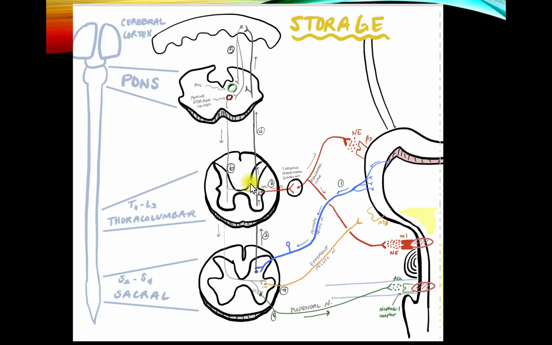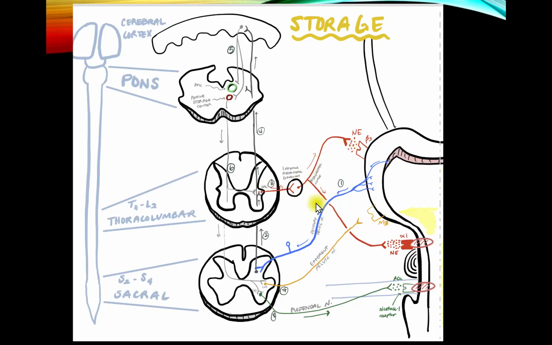And so what needs to happen here is that to avoid voiding, we need to stimulate the intermediolateral cell column. Okay, we want to stimulate the sympathetics, right? It's not the time to void. And so this goes out through the inferior mesenteric ganglion, through the hypogastric nerve.